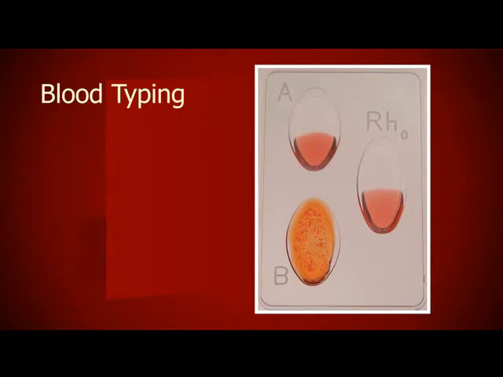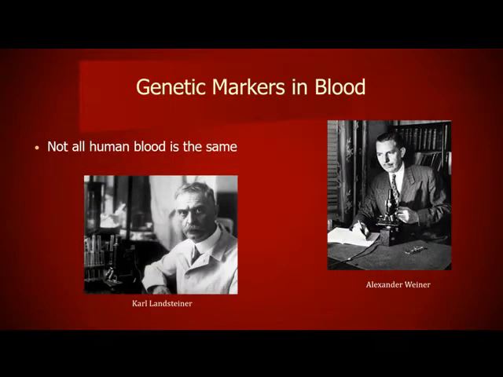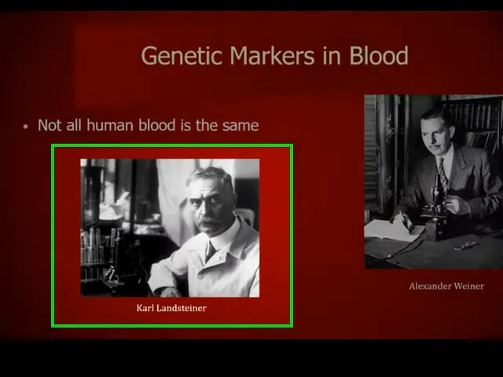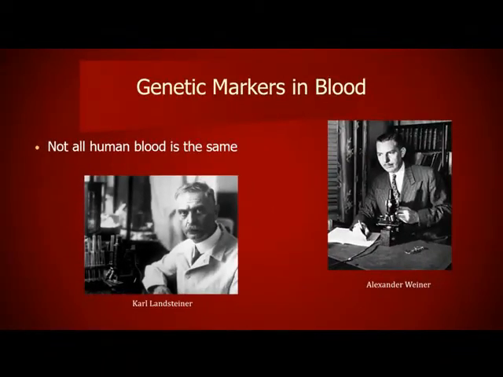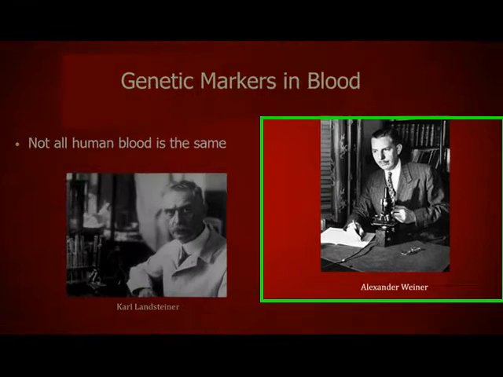Now we will learn about blood typing. Let's take a historical look at blood typing. Around 1900, Karl Landsteiner discovered that there are 4 different types of blood based on the presence or absence of specific antigens found on the surface of red blood cells.